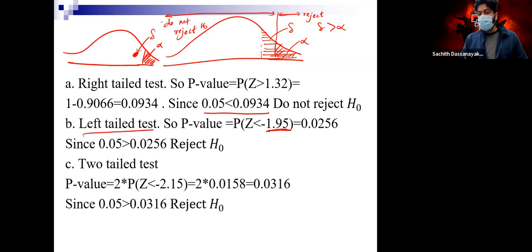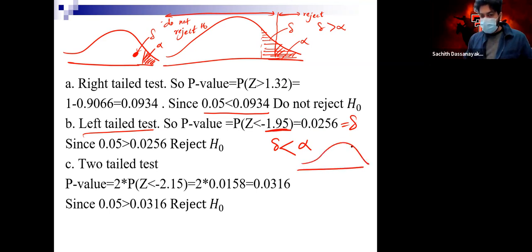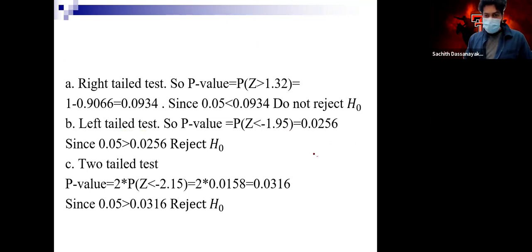Okay, second one, left tail test. Your value is this one they have given. If it is left tail, this is your delta, so you can check delta and alpha. Here the delta value is 0.2. Oh, sorry, not this one.